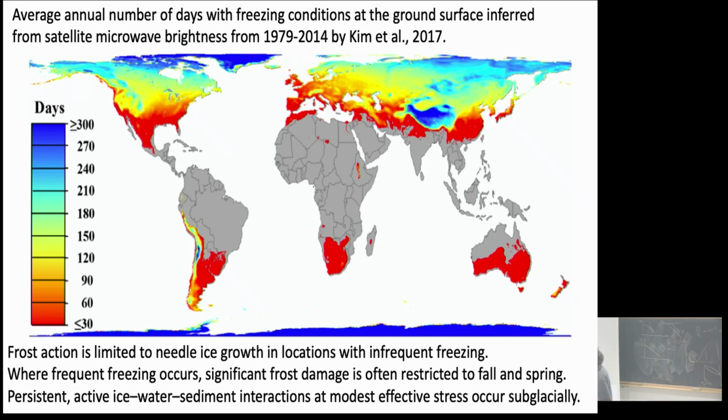And, of course, the amount of penetration of ice into the subsurfaces does depend on how cold it gets, and this gives you a qualitative picture that in all these red places, the most we ever see is just a little bit of needle ice growth, which is kind of cool to see. It maybe disturbs the top layer of the soil a little bit, but it doesn't really do much, okay?